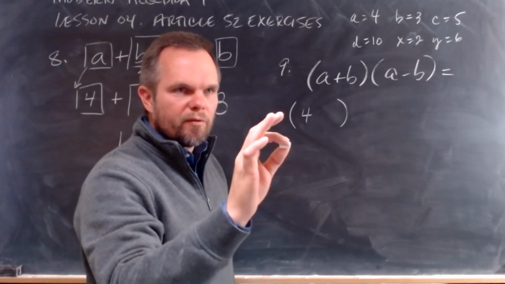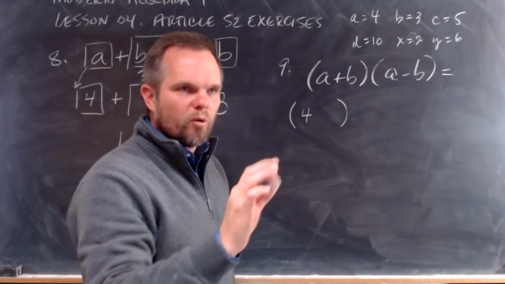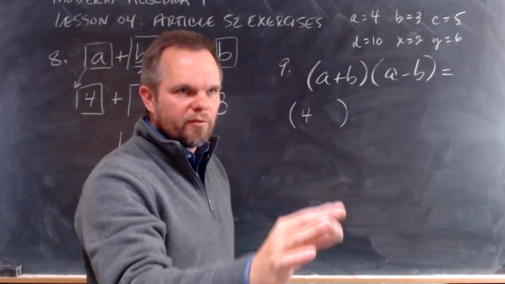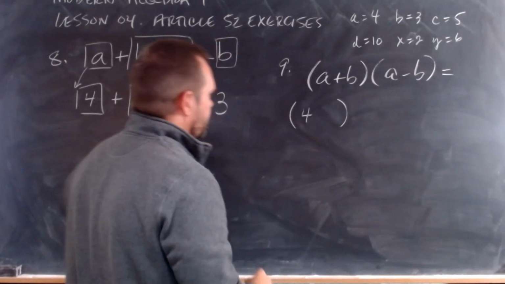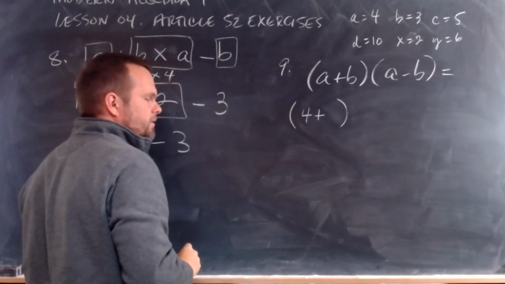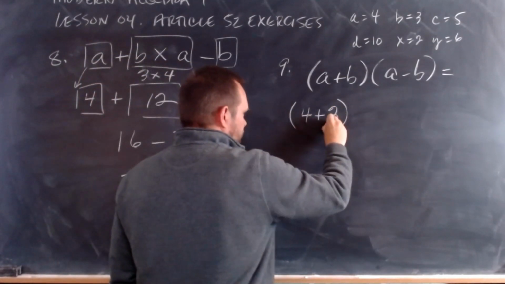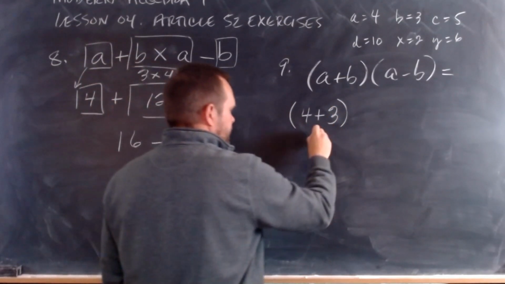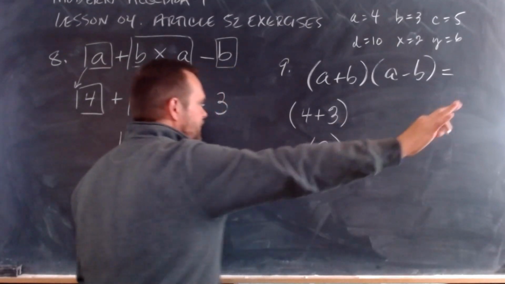Stop trying to be first. It's more important to be right than to be first. A is equal to 4, B is equal to 3. 4 plus 3, 7. Nothing difficult.